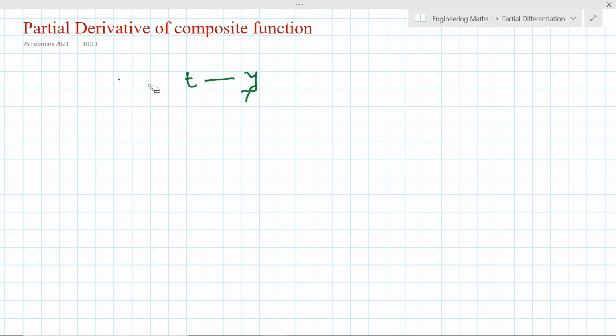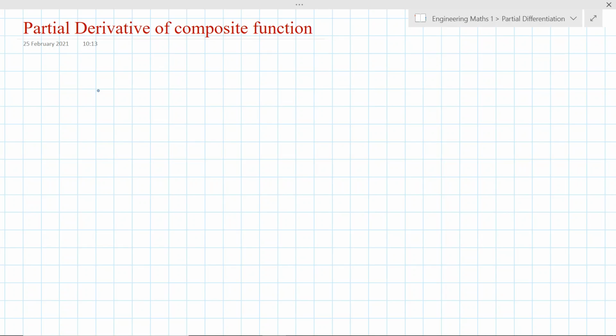So here, suppose we have two functions. Suppose z is a function of u, and u is a function of x and y.